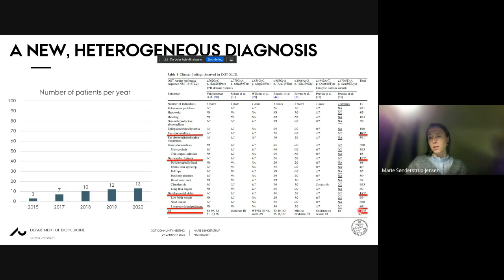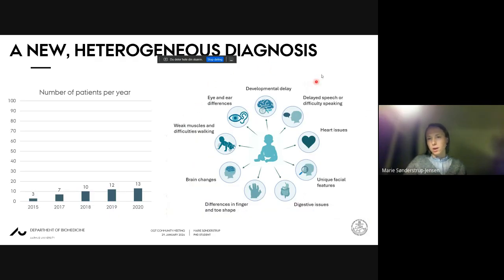It can be seen in 13 out of the 13 patients, so 100% of the patients. Other strong phenotypes are developmental delay, language problems, and dysmorphic features in particular. I also want to put it in a bit more visually nice way and say again that we have a lot of different organ systems that are affected.